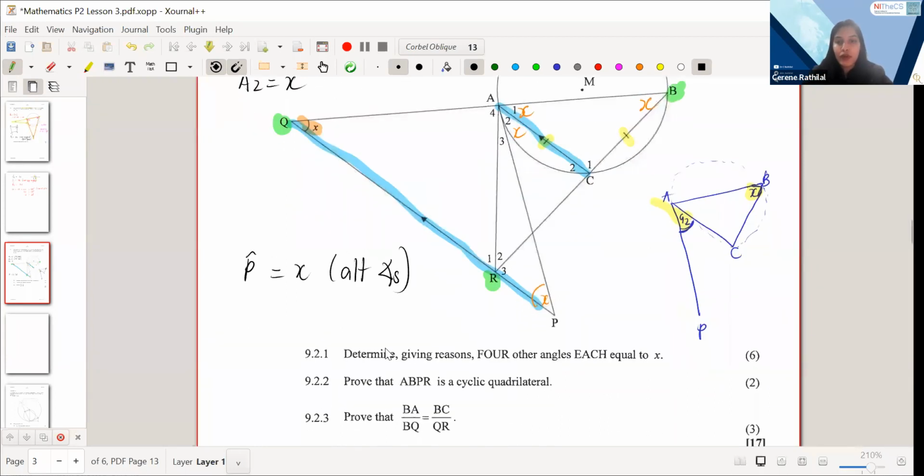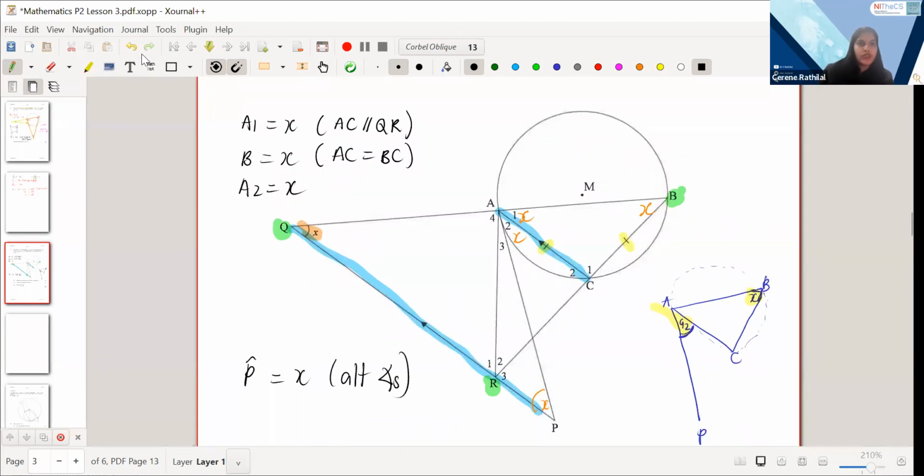I hope everybody's followed. Right, and then we have to prove that APBR is a cyclic quadrilateral. Okay, so let me just try and remove some of the highlighted bits so we could bring our attention to ABPR. I'm going to try and highlight that.